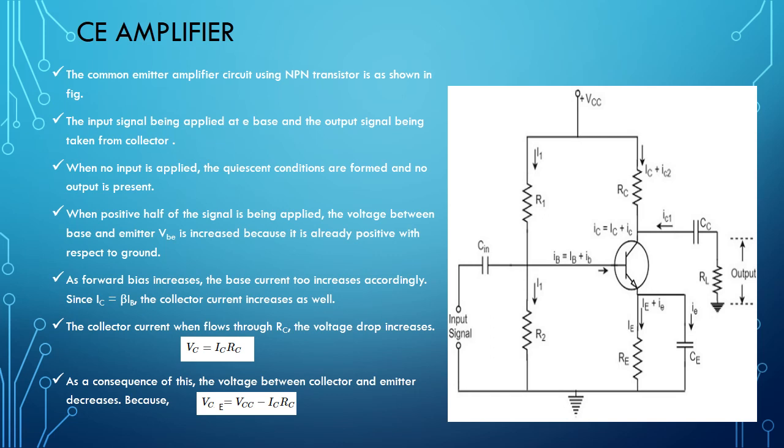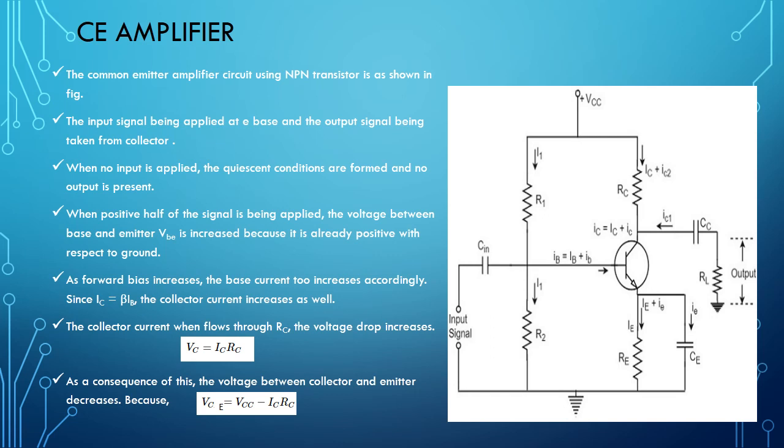The increase in IC results in a drop in the collector voltage VC, as VCC is a constant. Thus IC increases in a positive direction, so the output voltage goes in a negative direction, and we will get the negative half cycle of output voltage for the positive half cycle of the input signal.